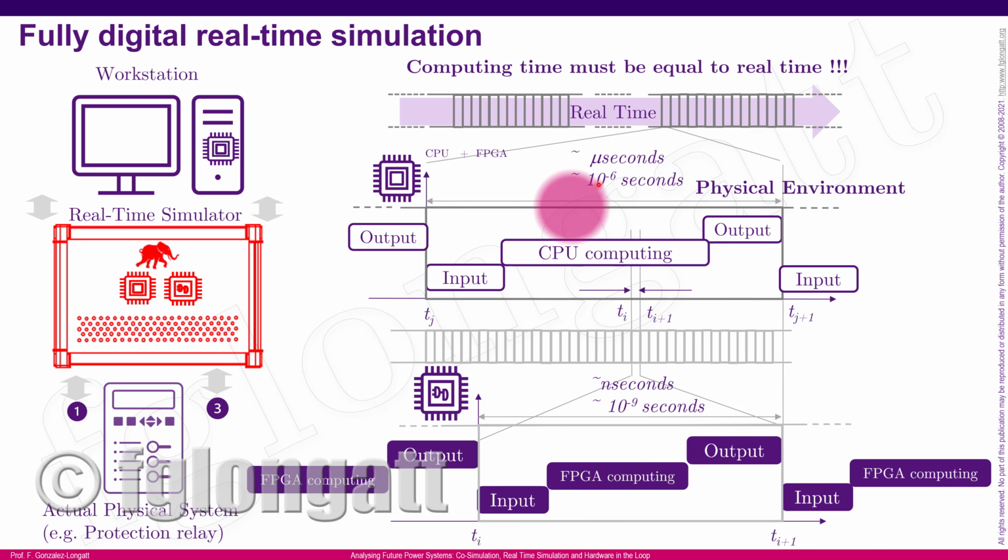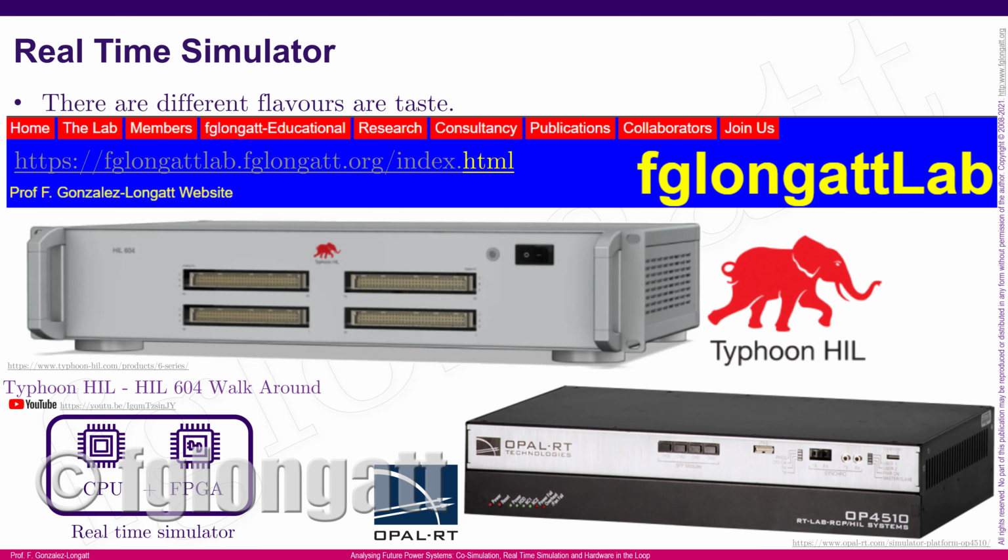For instance, it's typical that we can solve differential equations in the order of microseconds using the CPU, and inside the CPU we have the FPGA later solving equations using nanoseconds, okay? I will not go into details of the hardware, but I need all of you to understand how important the hardware is when we are solving the differential algebraic equations, okay?